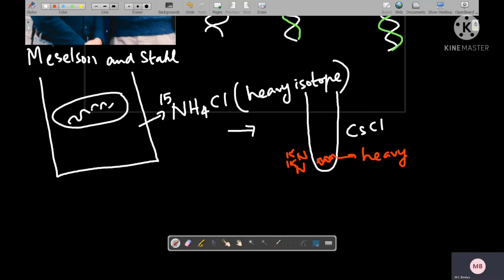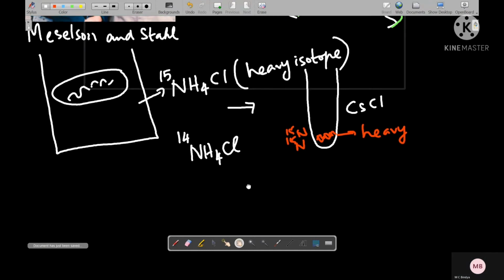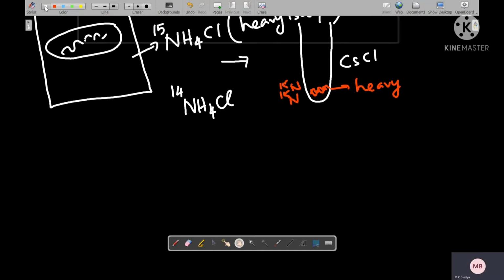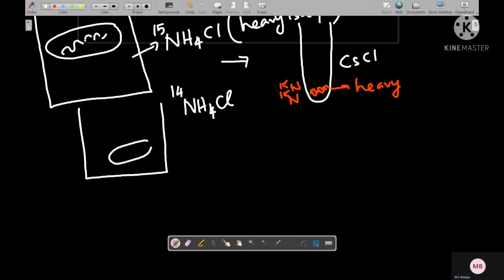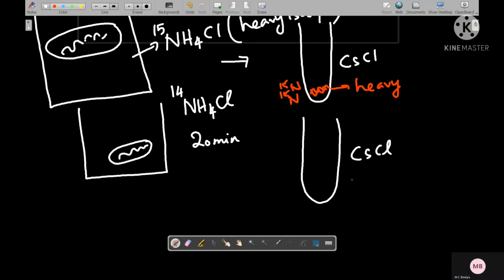Next, what they did is they transferred the E. coli to ammonium chloride light isotope, that is N14. Now the E. coli started to get cultured in N14 medium. After 20 minutes of their generation time, the DNA was isolated and the density gradient was checked through cesium chloride.